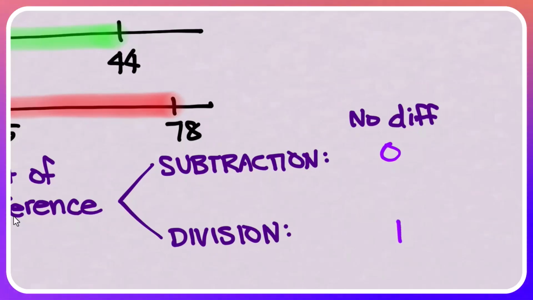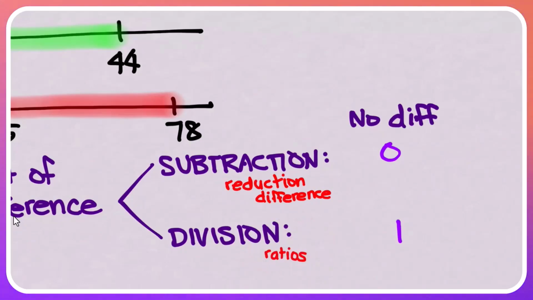Subtractions are things like we compared in our example here with the blood pressure, but could be other things like risk reduction. So anything that includes the word difference or reduction in it. Now for division, we're looking for things like odds ratio or risk ratios. So you're looking for things that include the word ratio in it.